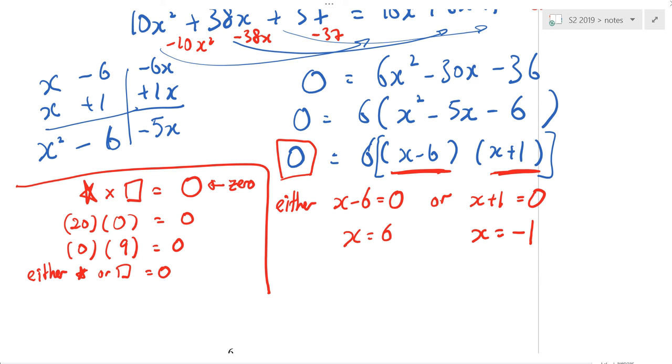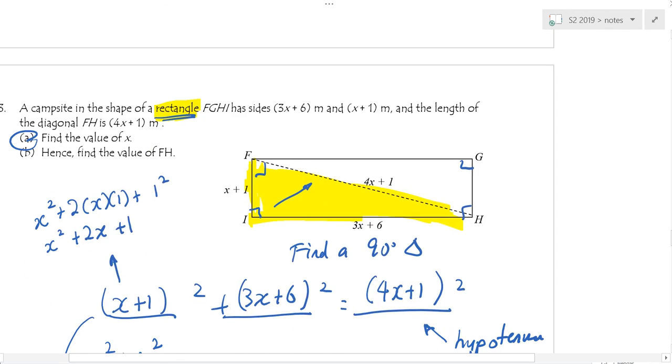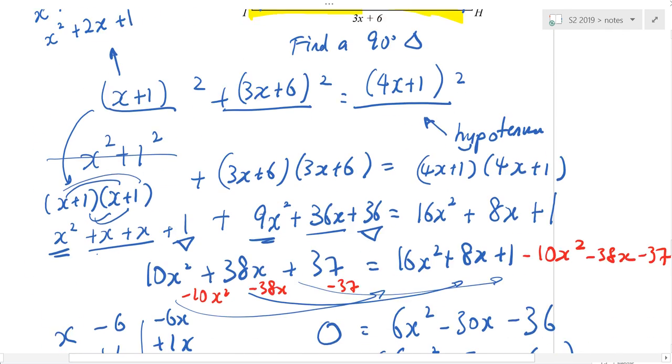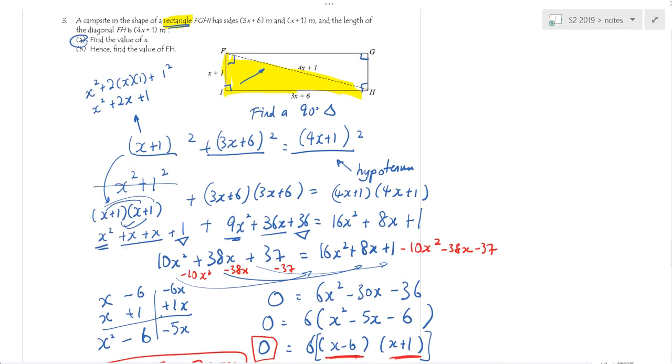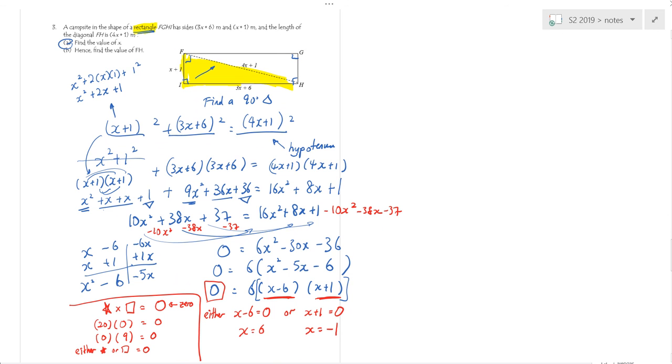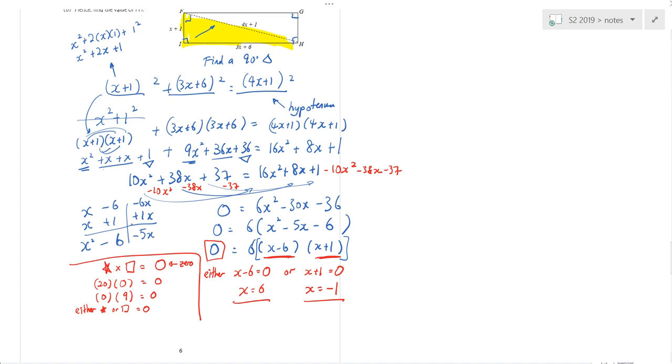Now, answer back the question. I want to solve for x. Do you know you have to reject one of the answers? Let me try. If x is negative 1, negative 1 plus 1 will give you what? 0. So, can the length be 0? Fi.